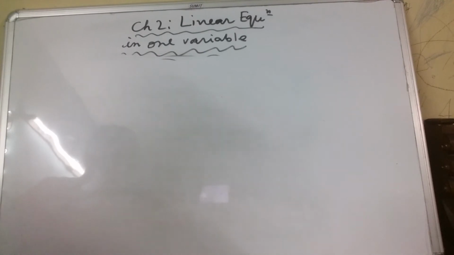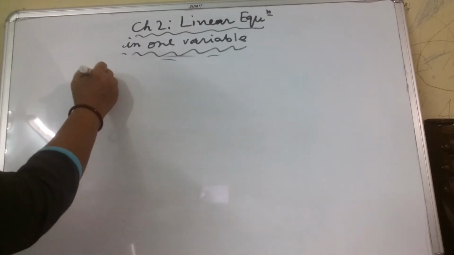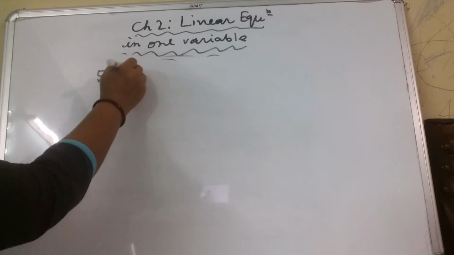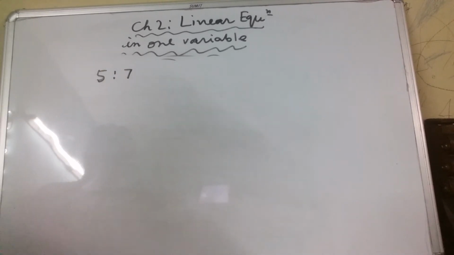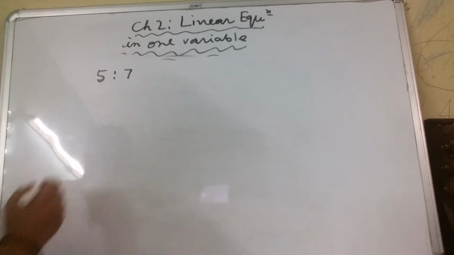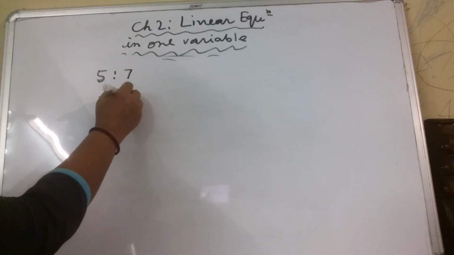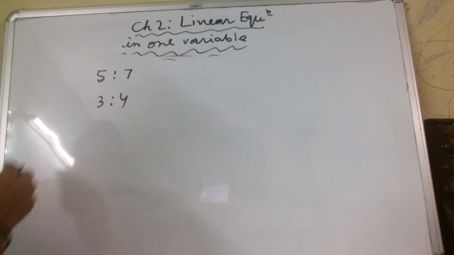Say I'll take an example: the ages of Hari and Harry are in the ratio of 5:7. Four years from now the ratio of their ages will be 3:4.